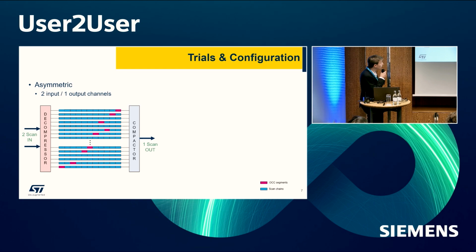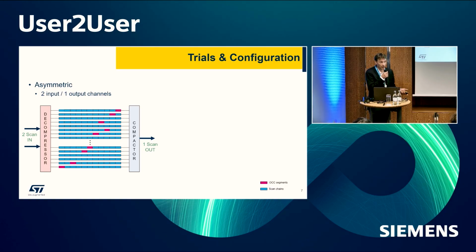Now, moving on to the different trials and configurations. While talking with us, they realized that we could support what we call asymmetric EDT implementation, where you don't have the same number of channel in as channel out. This was very interesting for them because it allows them to reduce the number of pins used.